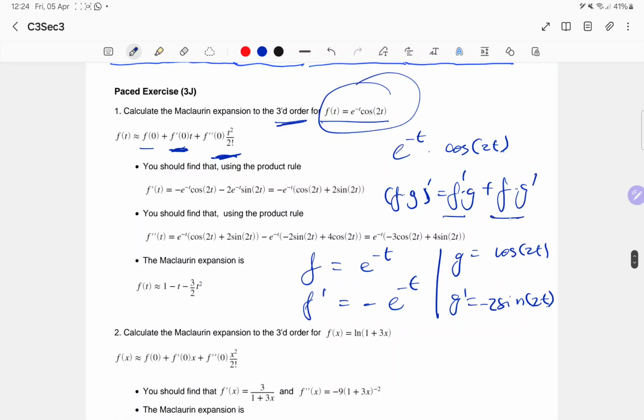So now computing, starting with the first derivative, you're going to have minus e to the power minus t cos 2t from g, minus the result from g prime, sine 2t, and f being e to the power minus t.